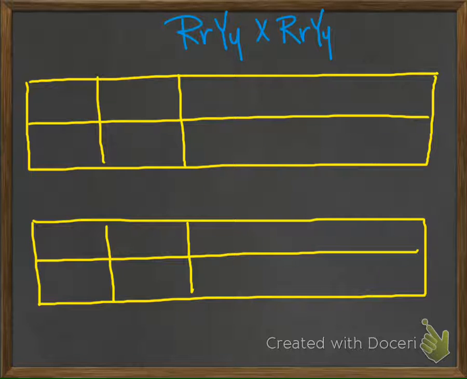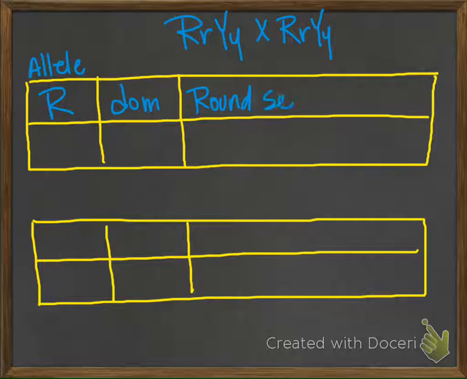So R for your allele. Big R is dominant for round seed. Little r is recessive for wrinkled.